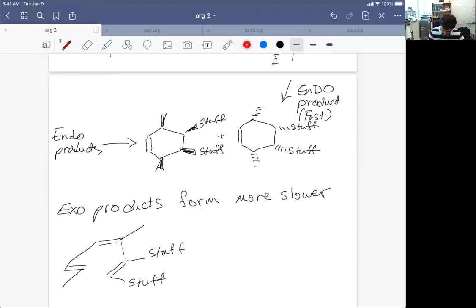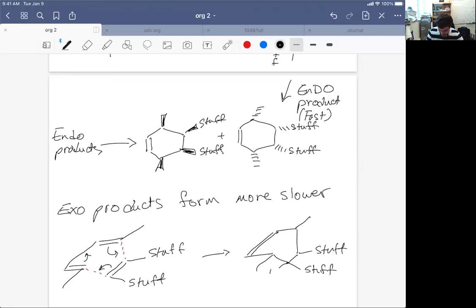Now, if we have our connection points here, we can do our Diels-Alder reaction like this. And now our stuff is pointing out, excuse me, out away from the forming ring, whereas our methyl groups in this case are still in their same position.